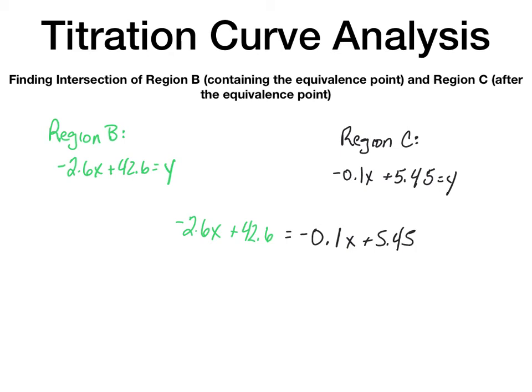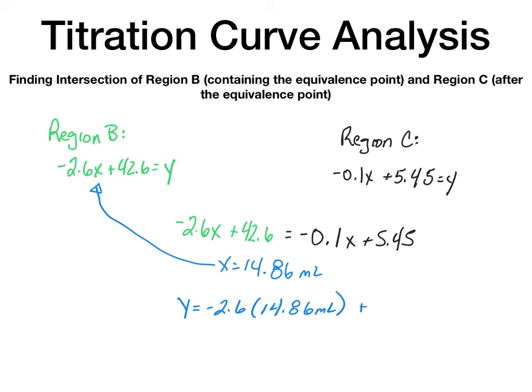And if I do the algebra, I get that x is equal to 14.86 milliliters. And I'm going to plug that value in. And so y is equal to negative 2.6 times 14.86 milliliters plus 42.6. y becomes equal to 3.964.